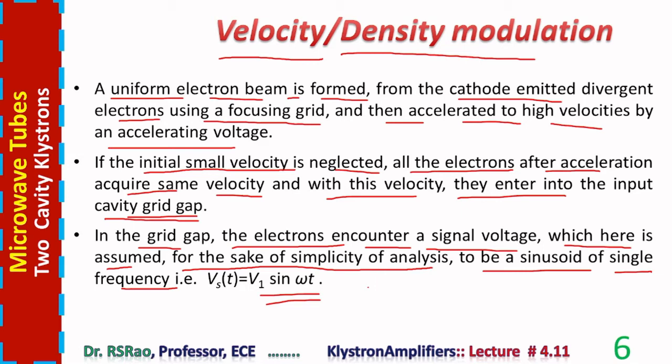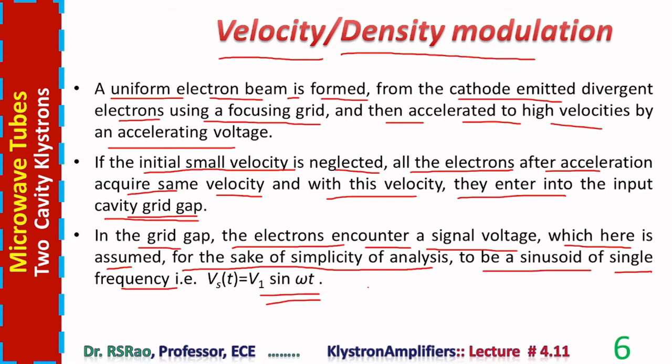The reason is this: an actual signal can be decomposed into several sinusoids using the Fourier theorem, and the result that we obtain by considering a single sinusoid input, we can extend to find the result of the system for the complete signal using the linearity property and the Fourier theorem.